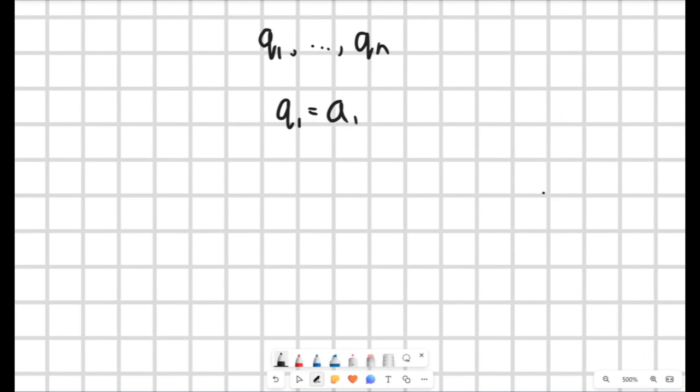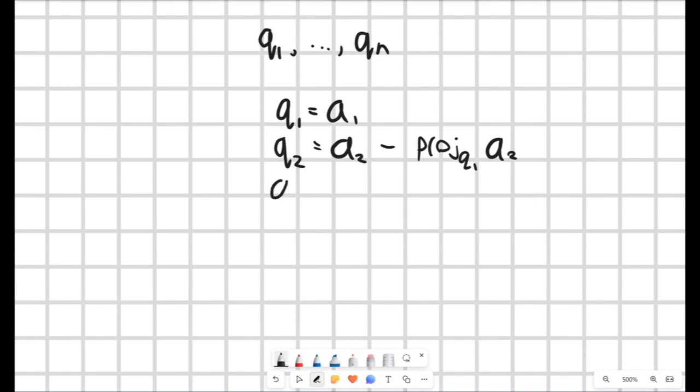We then set Q2 equal to A2, but then minus the projection onto Q1 of A2.